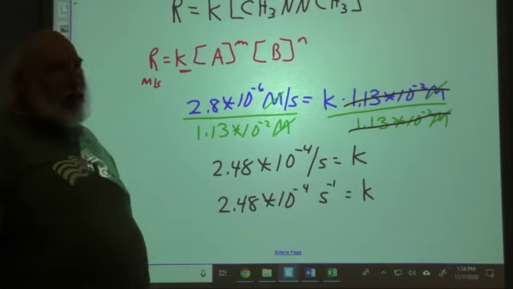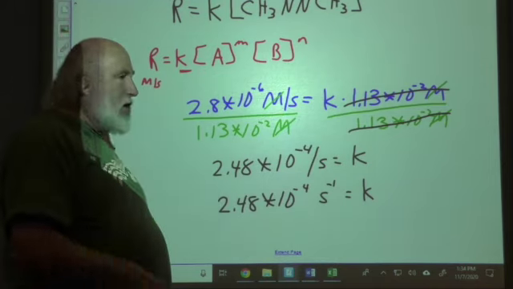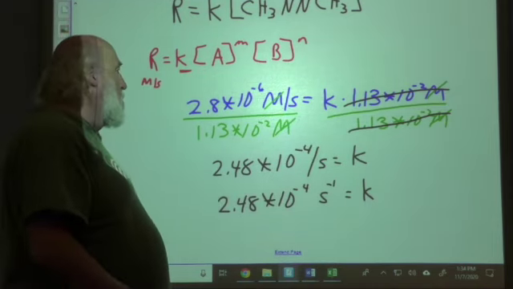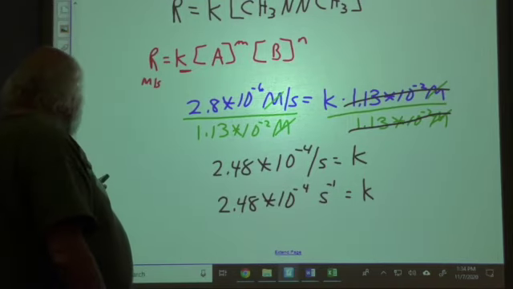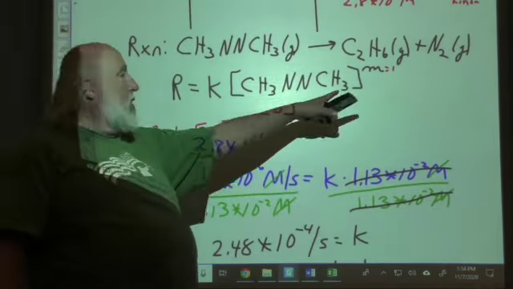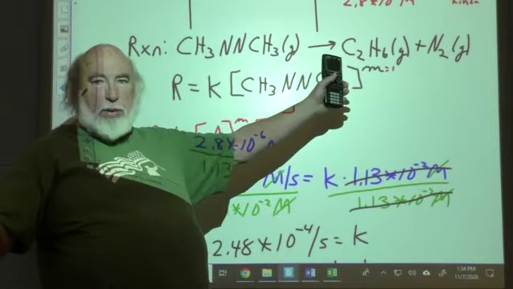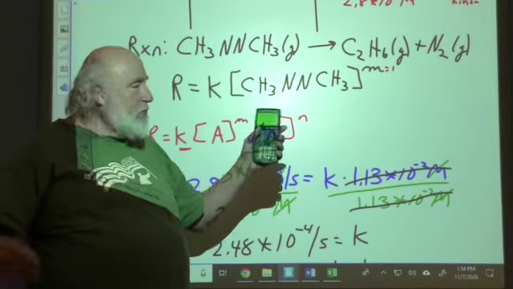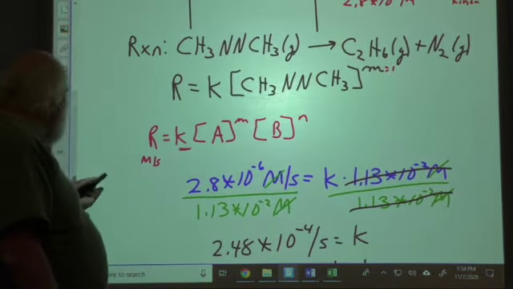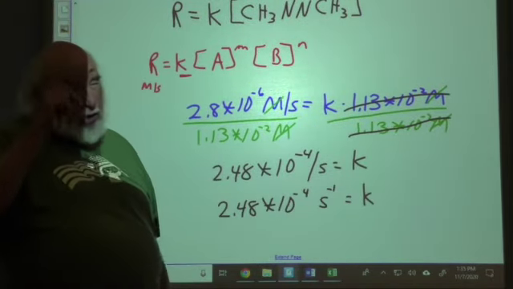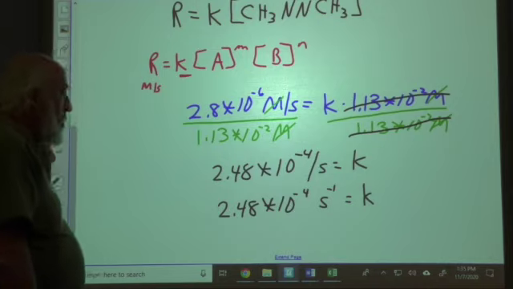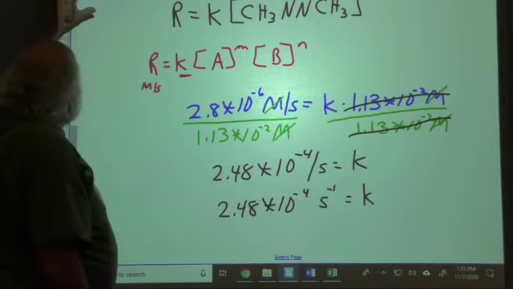So either one of these two answers is acceptable for a value of K. So, we see that this is a first order reaction because the exponents add up to 1, because there's only 1. And we see that the label for a first order reaction is seconds to the negative 1. Keep that in mind. Okay, so we go on to the next problem.